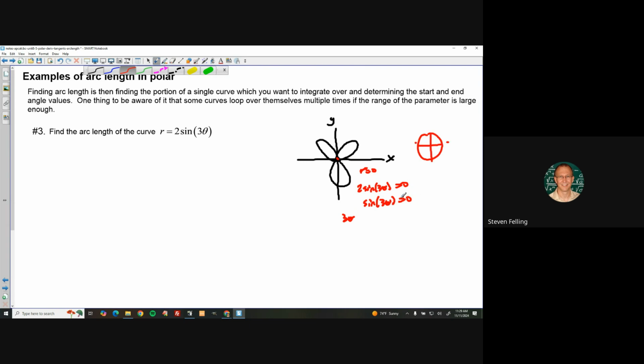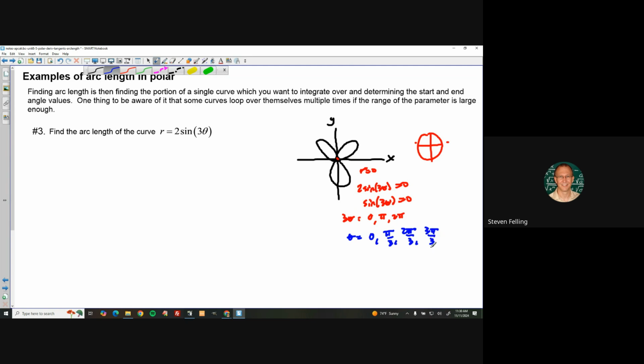So that could be, for example, 0, it could be pi, it could be 2 pi. We could even have negative pi if we want. Okay, so if you divide everything by 3, you get theta is 0, pi over 3, 2 pi over 3, and then this would continue to 3 pi over 3, which would be pi.